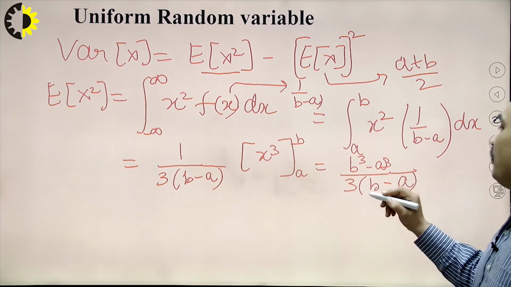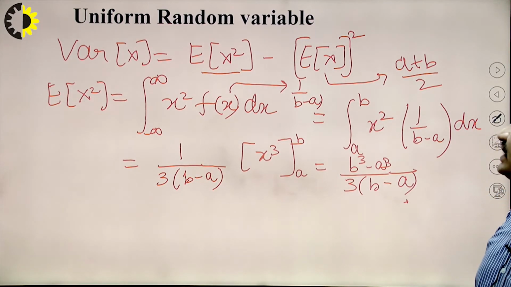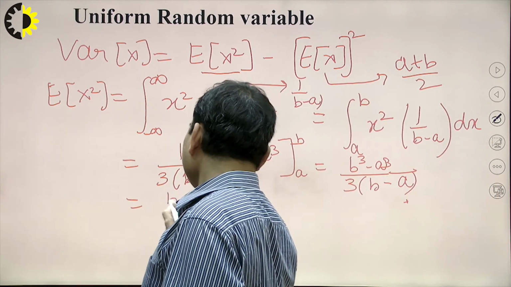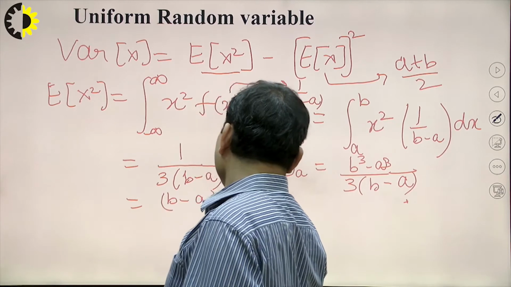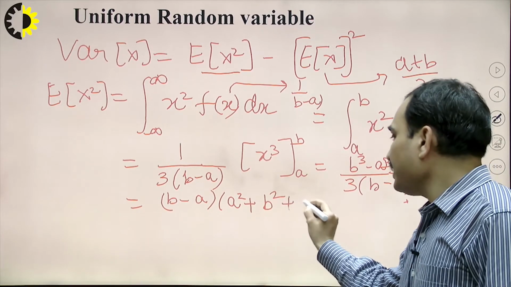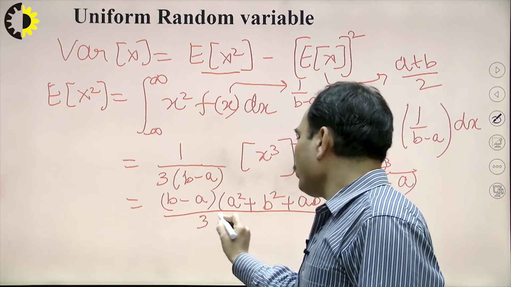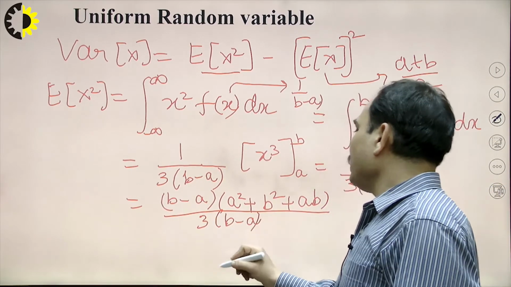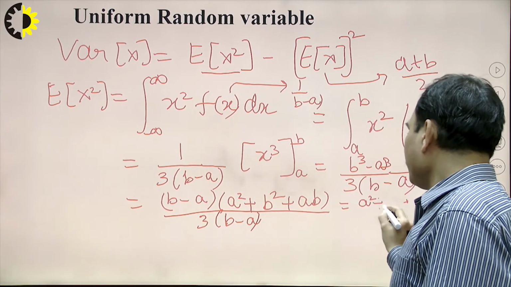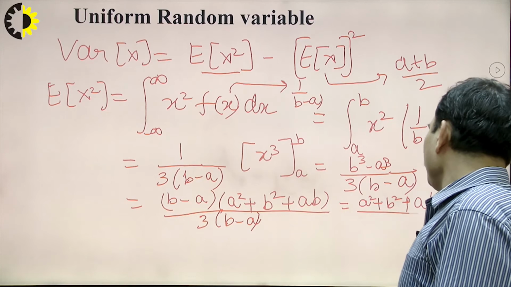But we know the algebraic identity that b cube minus a cube can be written as (b minus a) times (a square plus b square plus ab), by 3 times (b minus a). So, b minus a and b minus a will cancel out, and what is left is (a square plus b square plus ab) by 3.